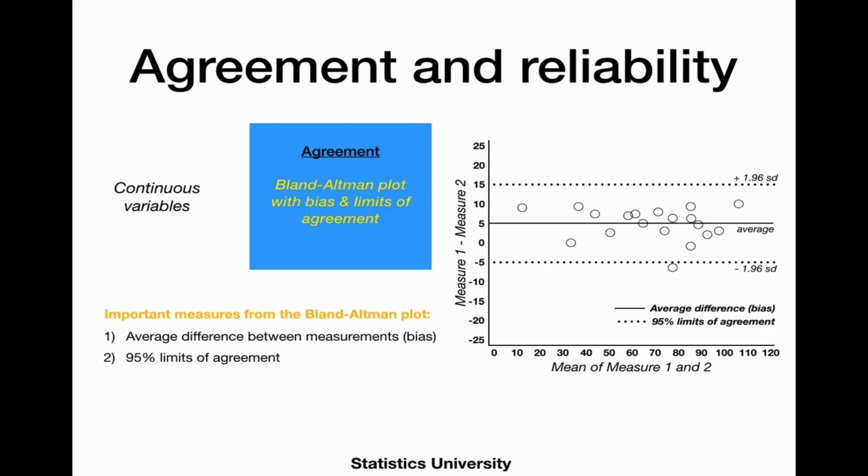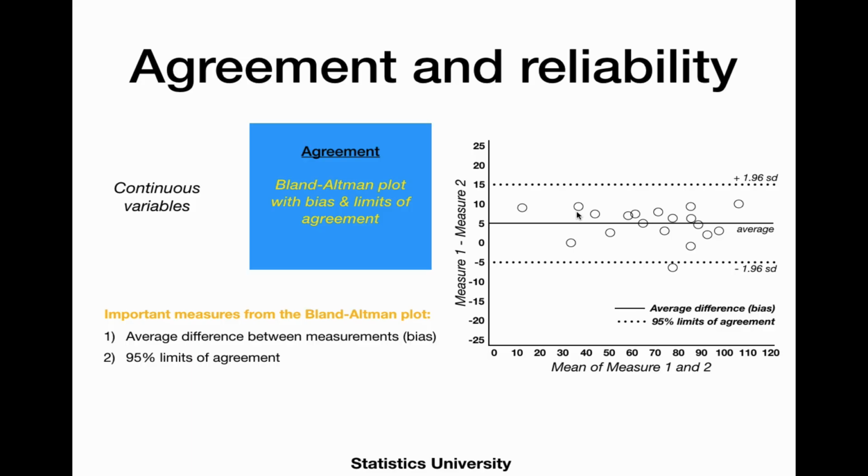And whether that is acceptable depends on the clinical context. So that's a call that you have to make with your clinical reasoning. And it's up to you to say whether you think the agreement between these two continuous variables is good enough or not. And the last thing to note in the Bland-Altman plot is whether you see certain patterns in the distribution of the scatter dots.